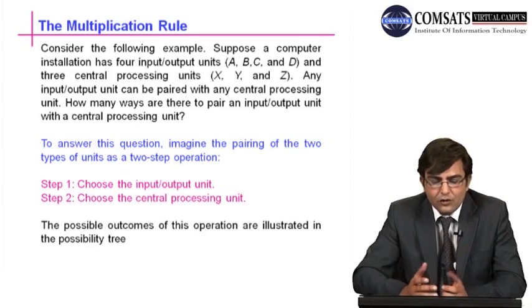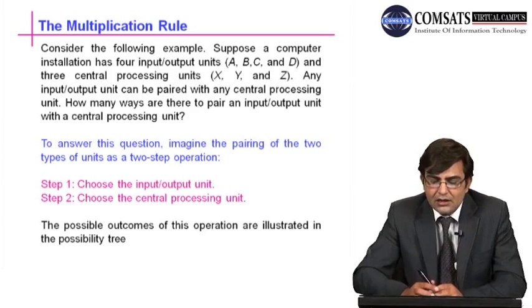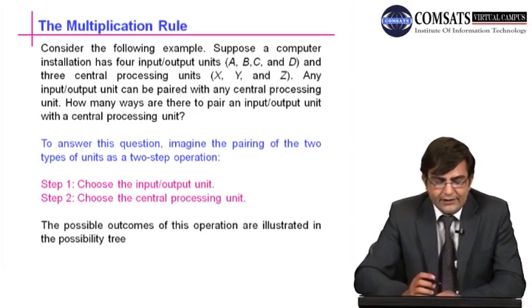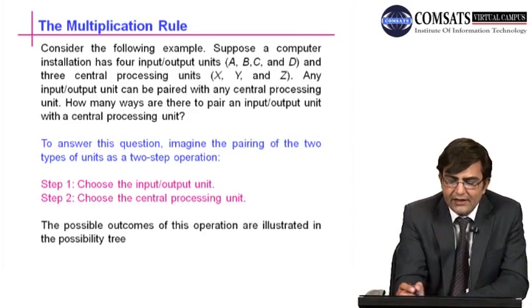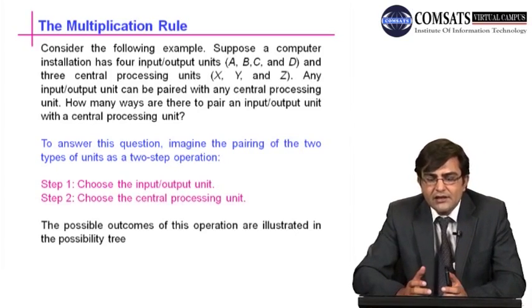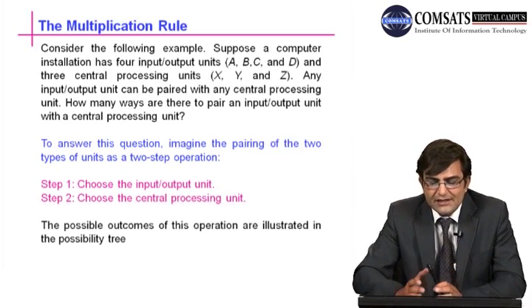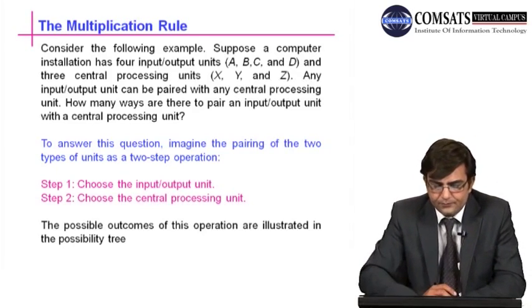So we have 4 input-output units which we have to install with the central processing units, CPU, X, Y and Z. Any input-output unit can be paired with any central processing unit. Means we can install A, B, C, D, any input-output unit with any central processing unit X, Y and Z.